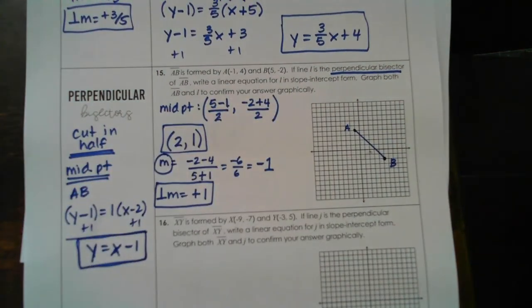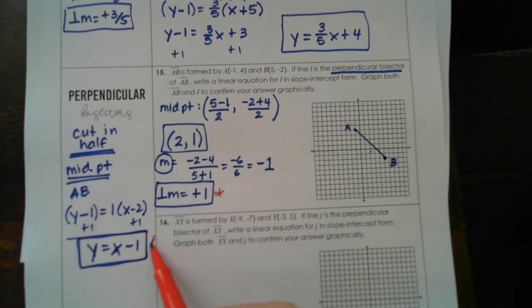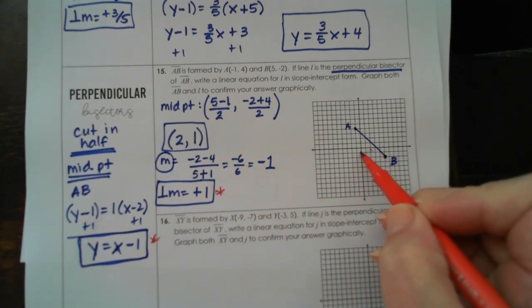And now that we have sketched the segment AB, we're going to sketch this line right here. Oh, that's a slope, sorry. This line right here, where it says go to negative 1. So on my graph paper, I'm going to go down to negative 1, and I'm going to put a dot.